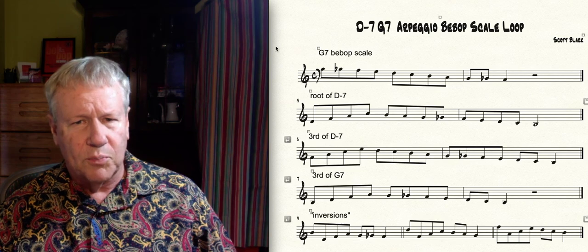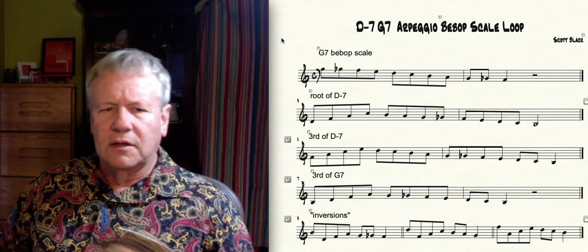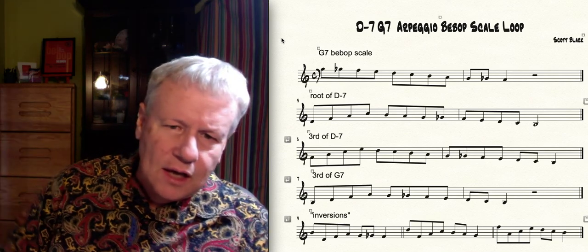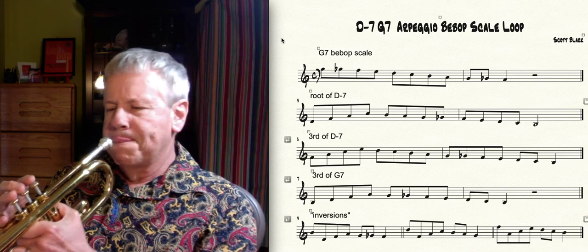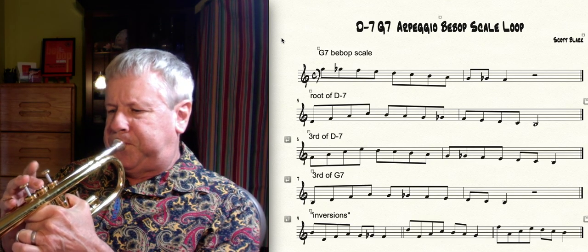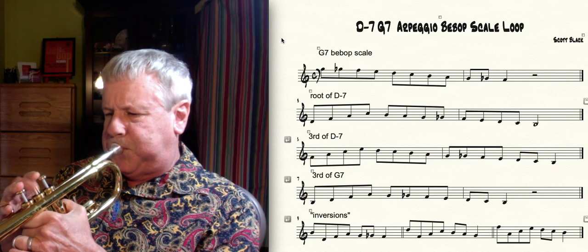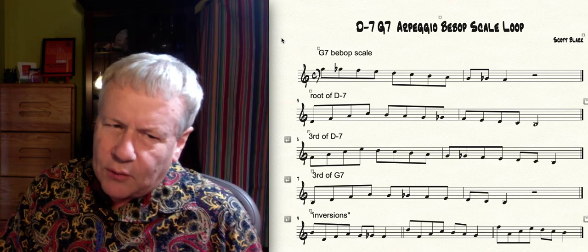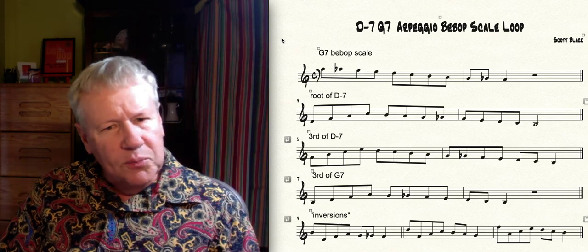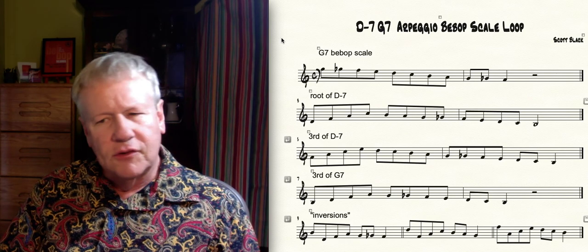So if I was to practice the arpeggio loop in as short an amount of time as possible, I would start on the 3rd of the dominant, then go to the tonic of the 2, and then the 3rd of the 2. That would be the fastest way I can get through the loop, and I'd recommend learning this loop just like that in all the keys.